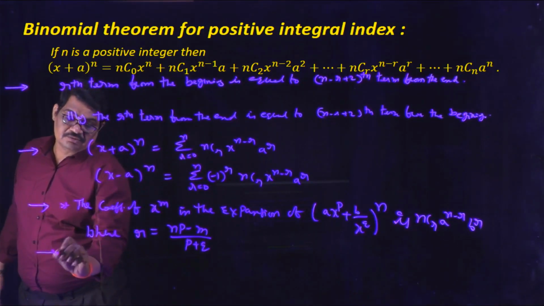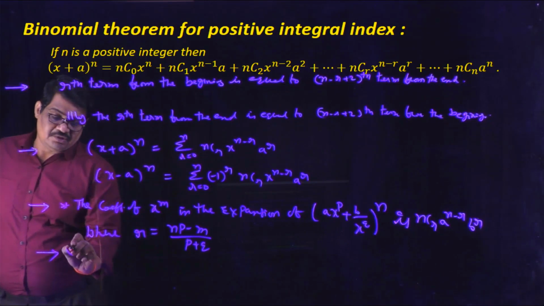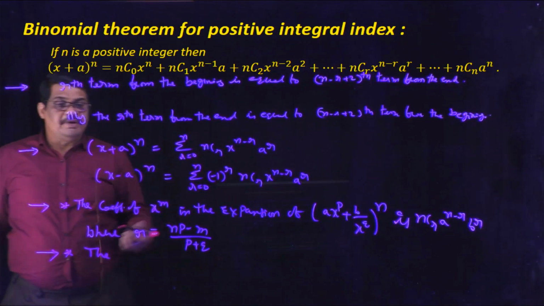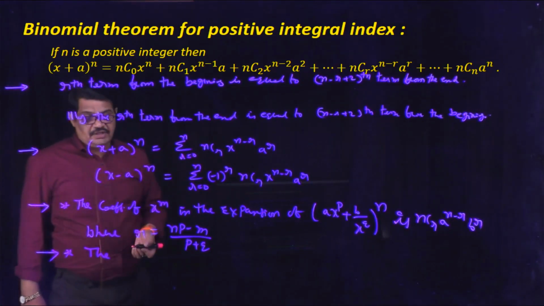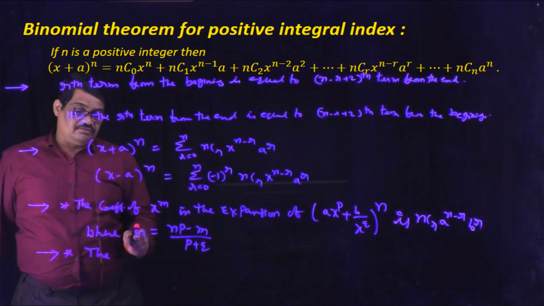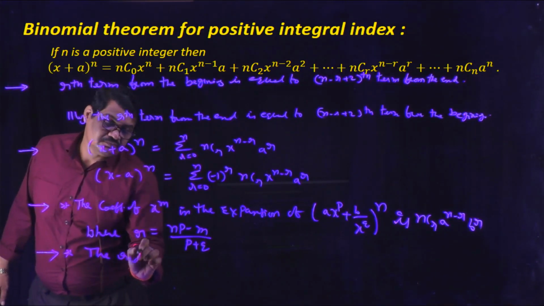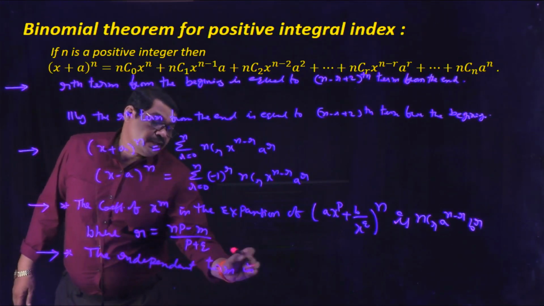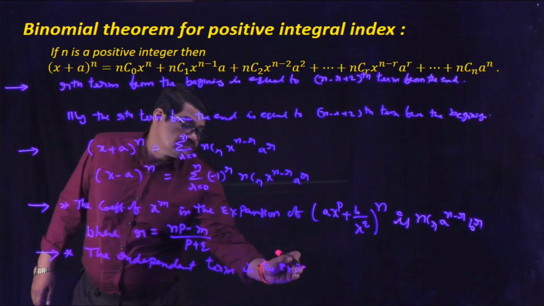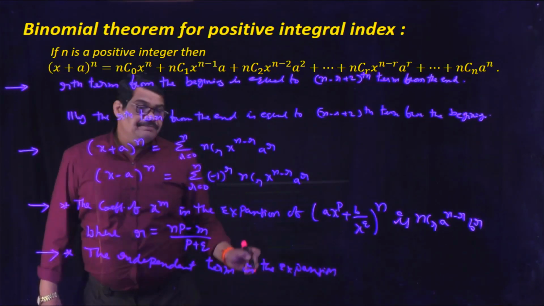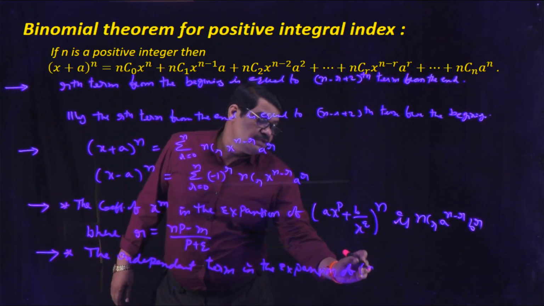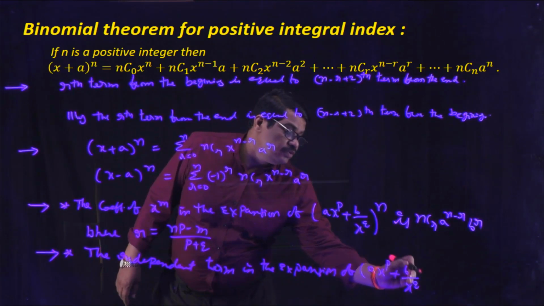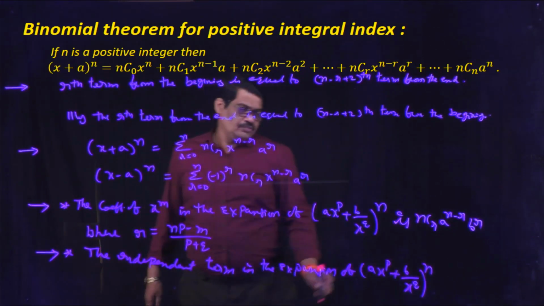Next formula we are observing, so this is also similar. We are finding the independent term in the expansion of the same expression (a x power p plus b by x power q) whole to the power of n.